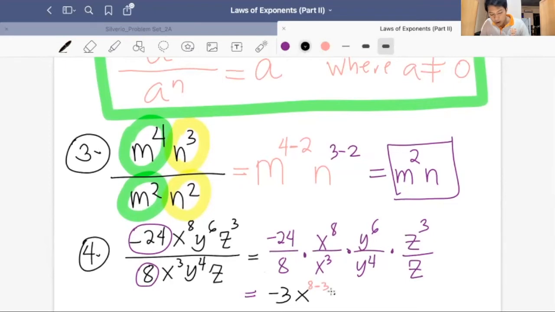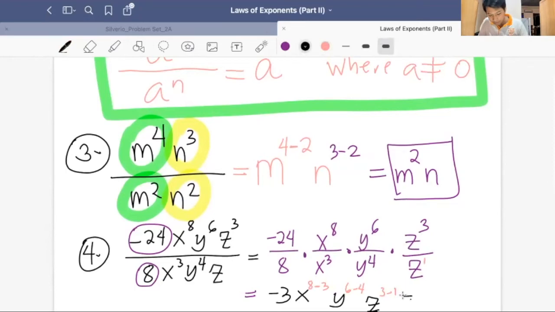Then we have y. What's the exponent of our numerator? 6, minus the exponent of our denominator, 4. For z, we have 3 minus, what's the exponent of our denominator? This is 1, the default exponent of z. So 3 minus 1. And then just simplify.